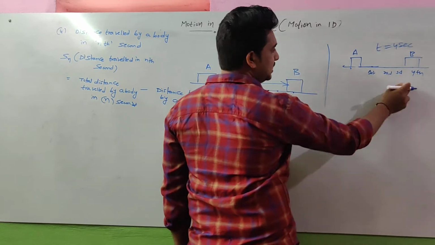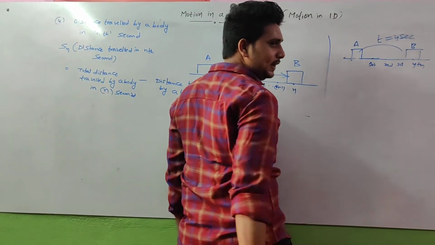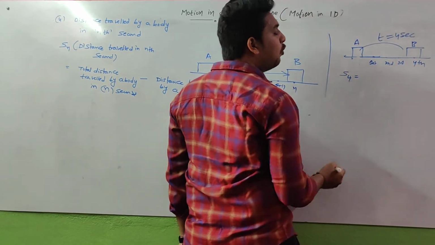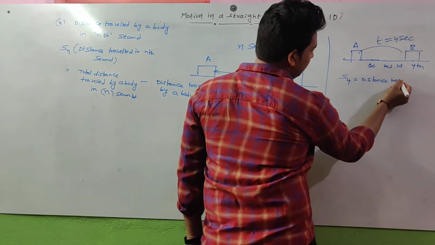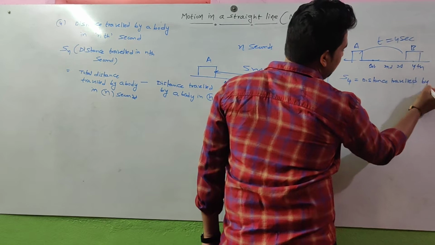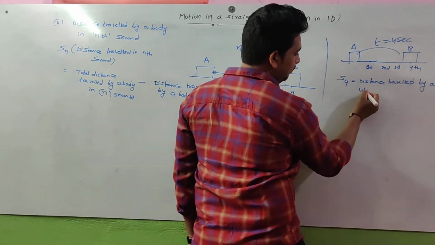Total 4 seconds, it traveled from A to B here. So what do we need to find? The distance traveled by the body in the fourth second.